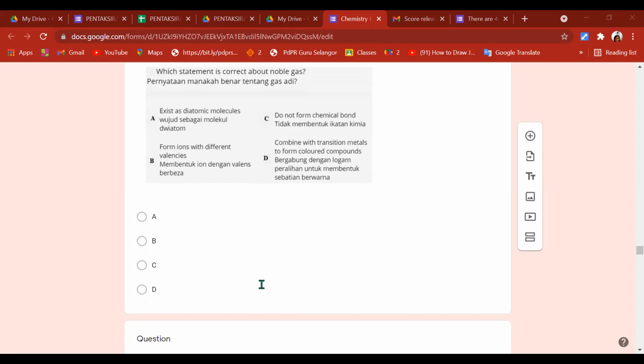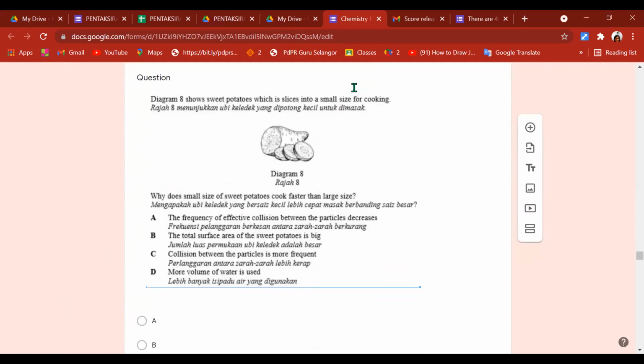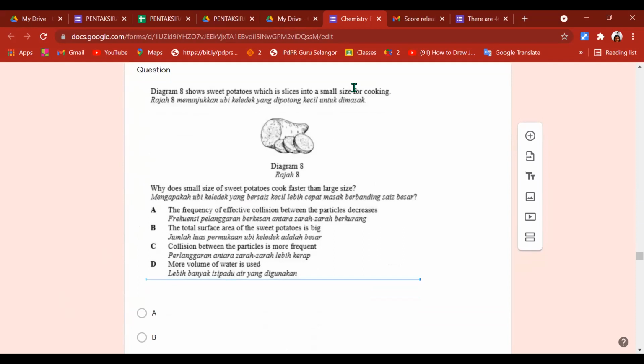Okay, Maithili put C. Maithili, you putting C for which one, Maithili? Which question? This noble gas question, Maithili. Okay, correct. Maithili is correct. It is C. Well done. Correct. Okay. Can I have now Arif?